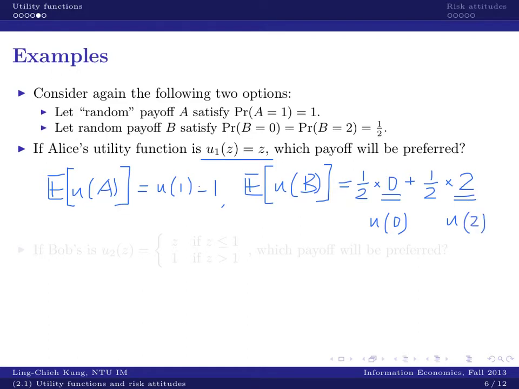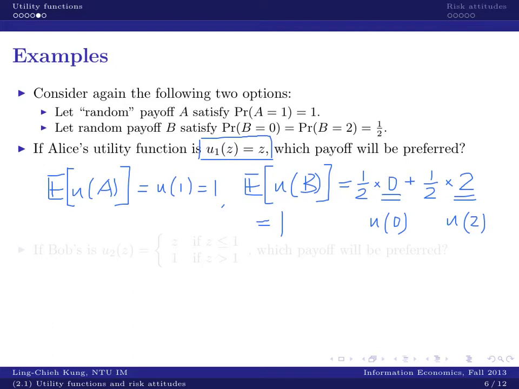Alice's utility function is so special that U of 2 is 2, so when we calculate the expected utility, that's how we get 1. So in this case, because A gives an expected utility 1 and B gives an expected utility 1, we say these two payment schemes are equivalent.